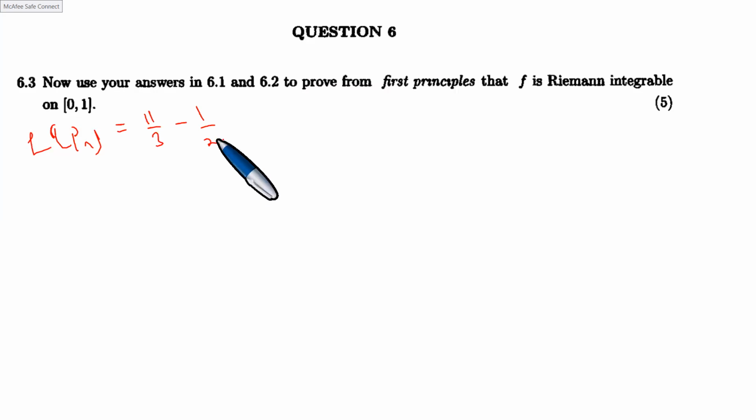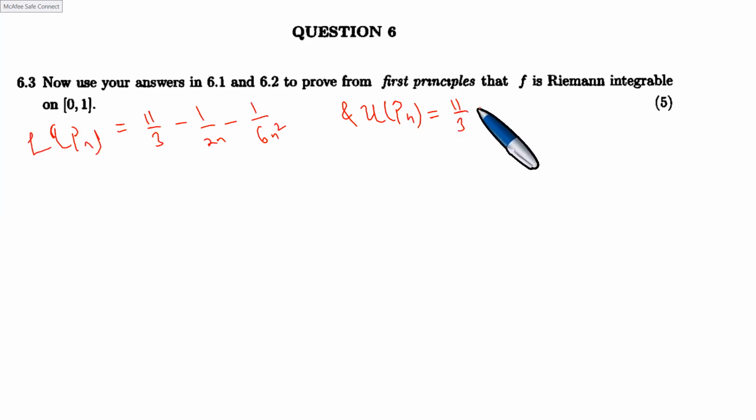And the UPN is 11 over 3 plus 1 over 2n minus 1 over 6n squared.